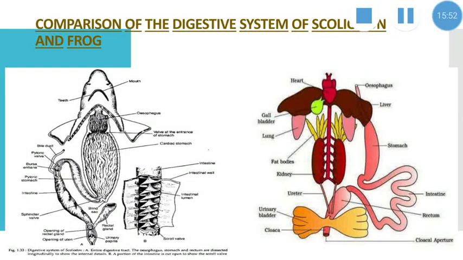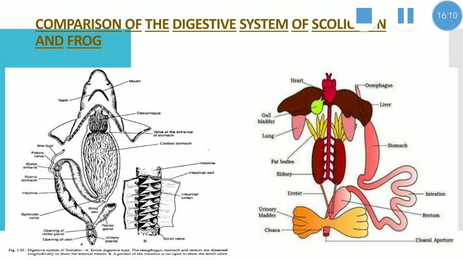So here, the mouth. In the case of Scoliodon, you can see the mouth is ventral and crescent-shaped. In the case of the frog, it extends along the anterior border of the head.